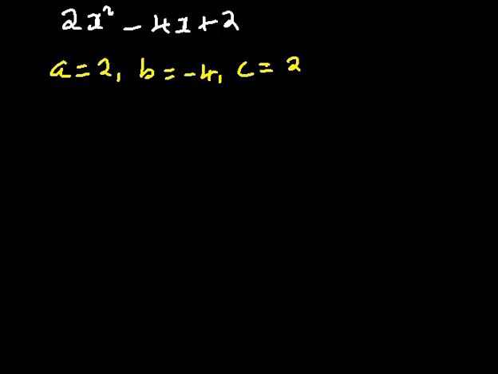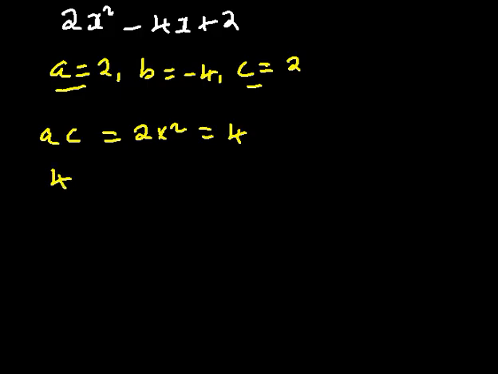Then we take the product of a and c, so a times c is 2 times 2, which is 4. From there we should think of the pair of factors of positive 4 that, when multiplied, give us positive 4, but when added give us negative 4.